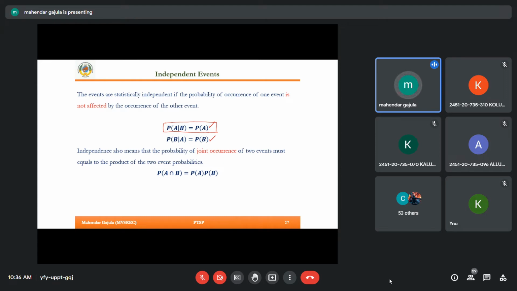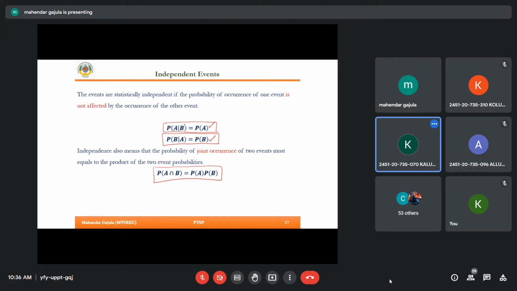It is an independent event condition only. This is also an independent event condition. Probability of A intersection B equals probability of A into probability of B. Here we have 3 conditions for independent events. I want to know the meaning of probability of A given B equals probability of A. What is B? Happened event or happening event?